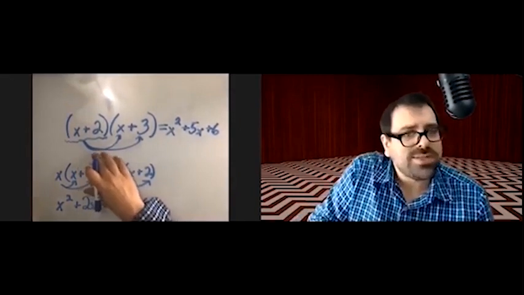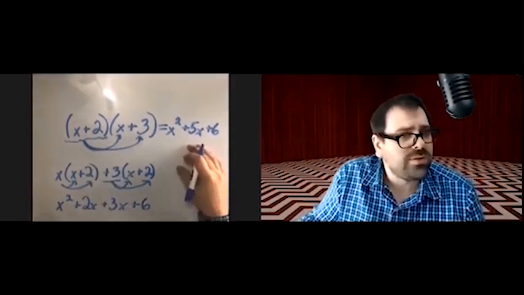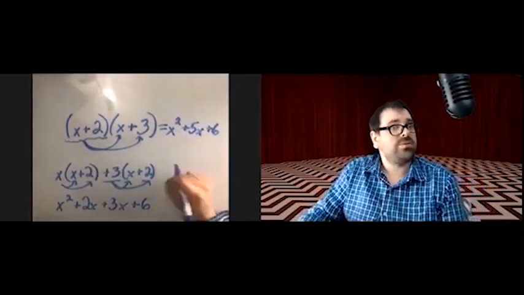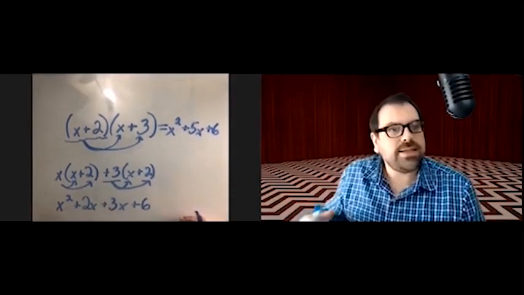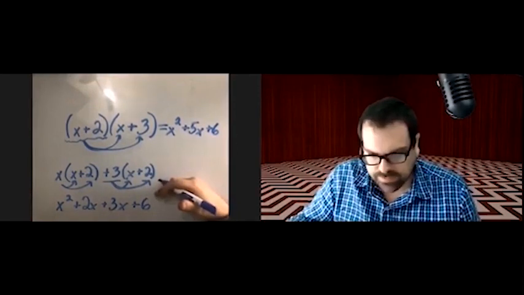Multiplying two binomials together, and we end up with a trinomial as an answer, not another binomial. This is the idea of double distribution.